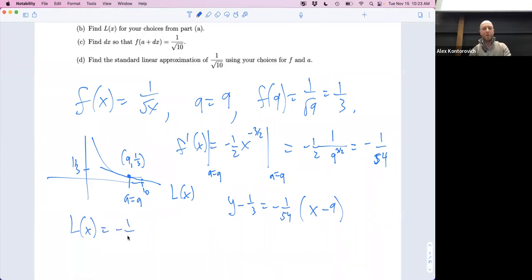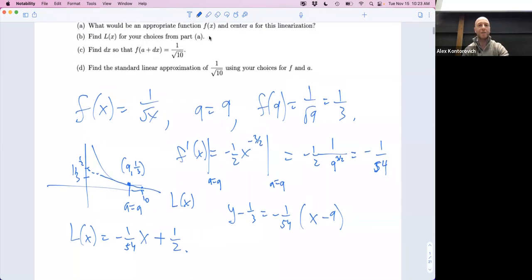So negative 1 over 54 x plus, oh God, 9 over 54. 54 is divisible by 9. It's a sixth. So this is plus a sixth plus another third. A third plus a sixth is a half. Oh, that's nice. Okay, so this line, if I had extended it, would go through a half. That's all that means. Fine, whatever it is.